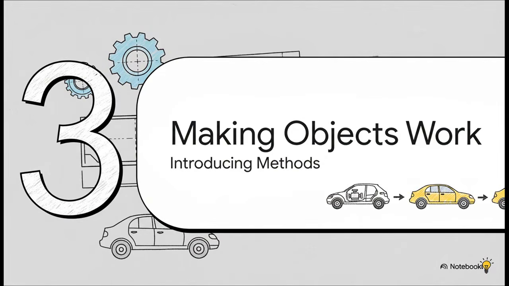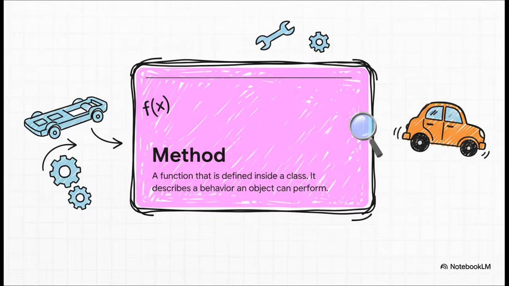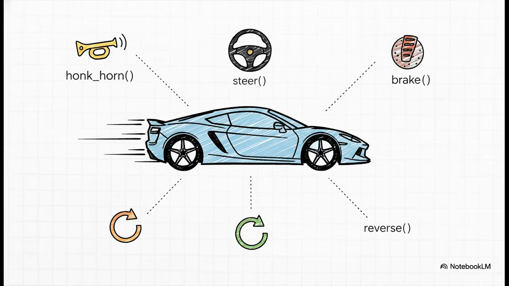All right, so we've got a fully assembled car. It's got its own unique details. Great. But a car isn't very useful if it just sits there. It needs to be able to do stuff. And those actions, we call them methods. A method is really just a function that belongs to a class. It's part of the blueprint, defining all the behaviors, all the things that any object made from that blueprint will be able to do. So if our object is a car, its methods are all the things you can do with it.